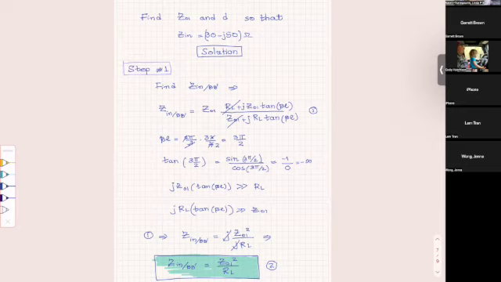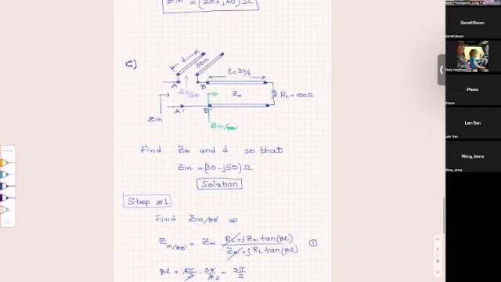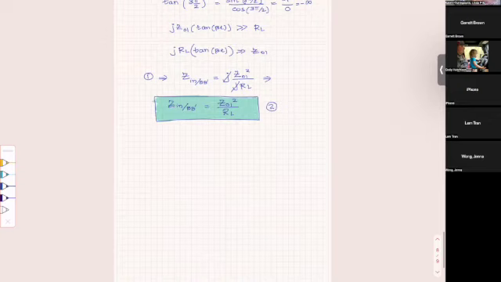Okay, let's now try to find Z input at AB, which is the input to the stub. All right, so the stub is open. So now step 2. Find Z input at AB.